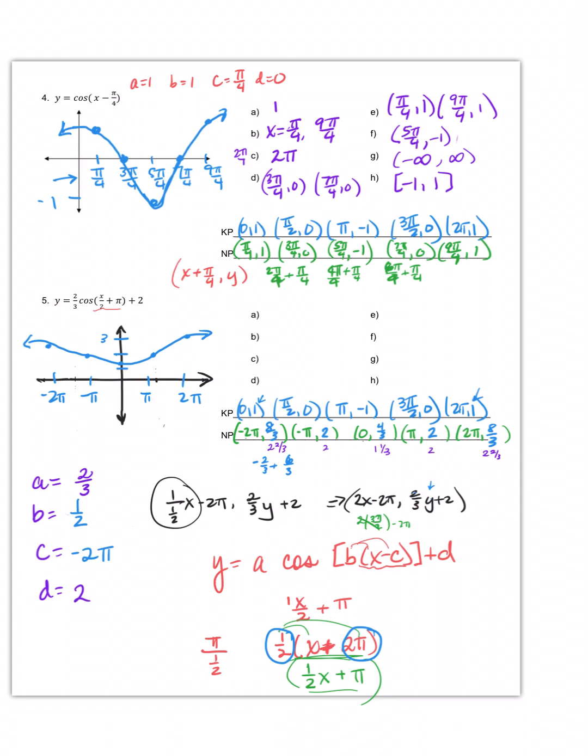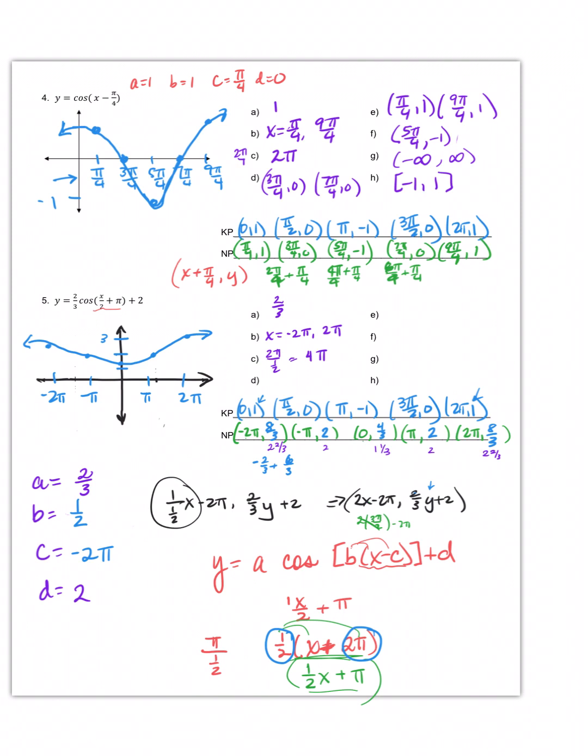Okay, let's do our attributes. The amplitude is A, absolute value of A, so it's 2/3. B is, where does it start and stop? It starts at -2 pi, it ends at +2 pi. Well, the period then is 2 pi over 1/2, which translates to 4 pi.